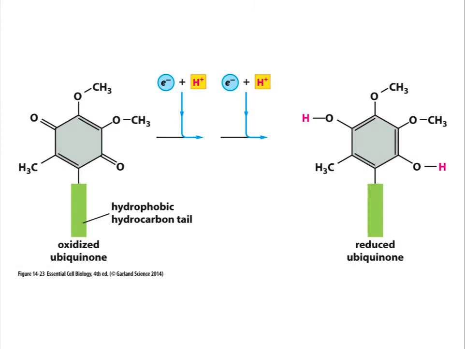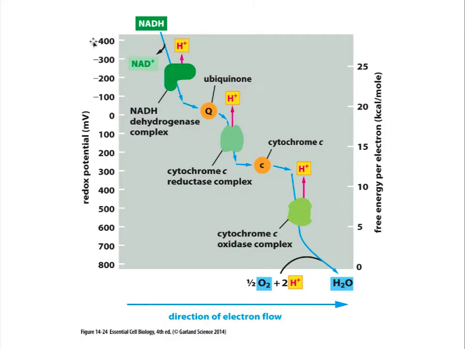The next figure is my favorite because it illustrates how energy is extracted from the electrons. So you, as an electron, are carried at a very high energy inside NADH. As you're unloaded, you enter a dehydrogenase complex, NADH dehydrogenase, and some of your energy is used to power the movement of protons.